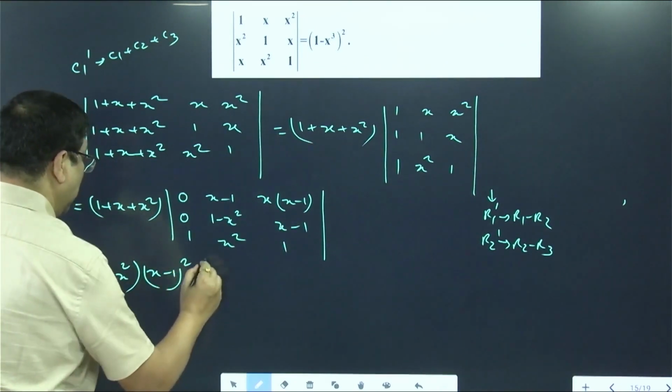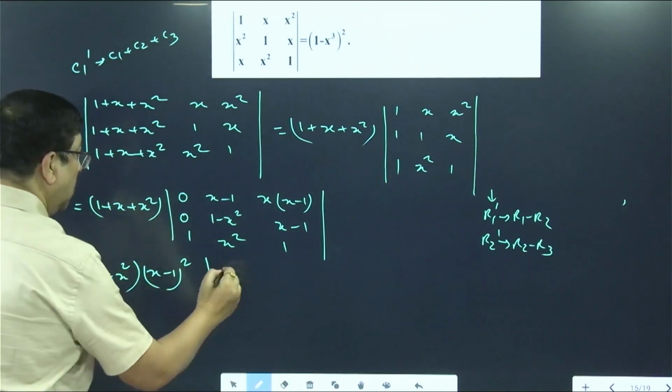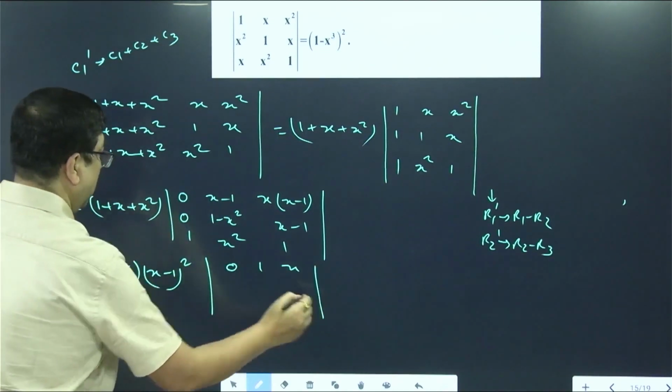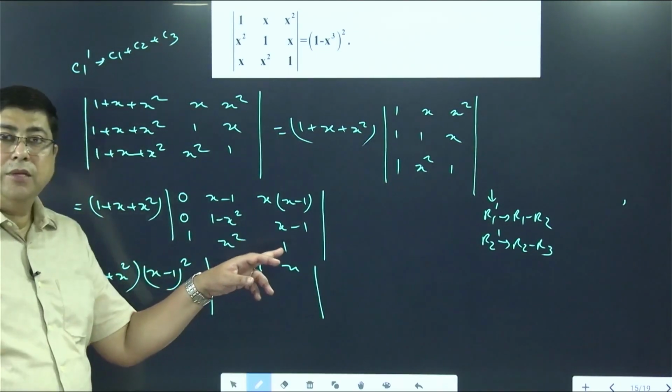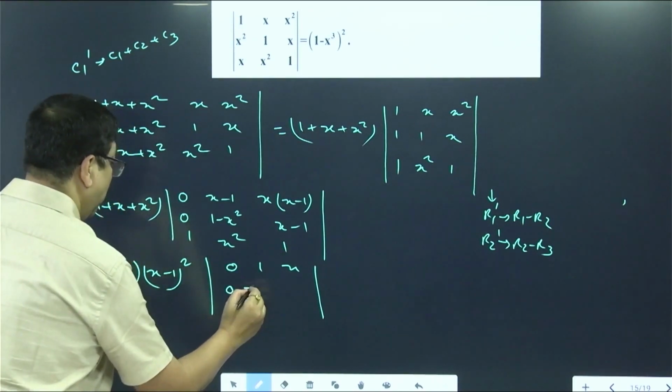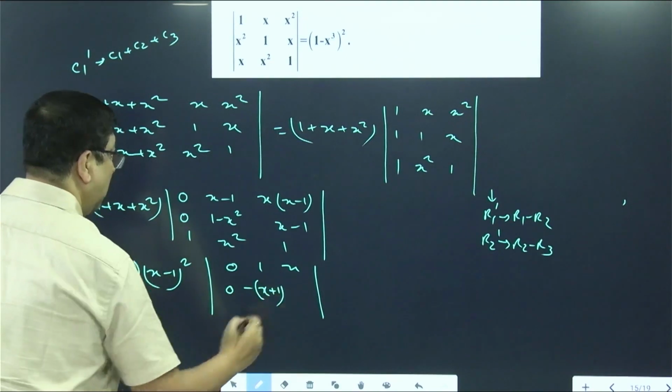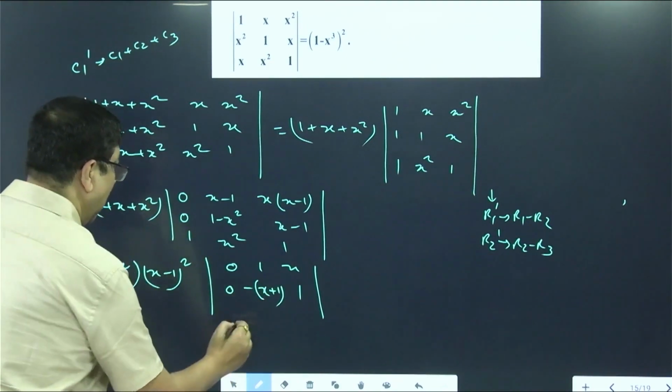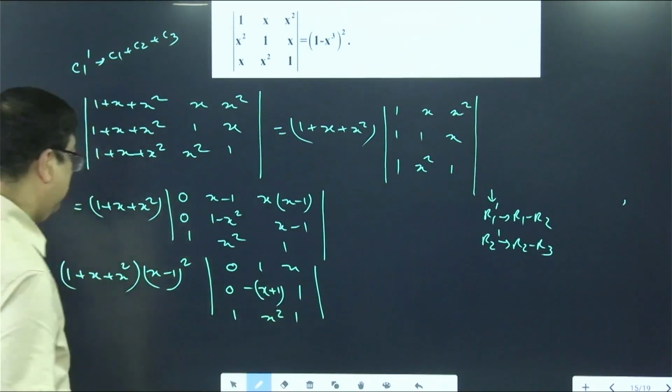So x minus 1 whole square. So this is coming 0 1 x. From row number 2 we take x minus 1 common, so 0, minus of x plus 1, 1, and 1 x square 1.